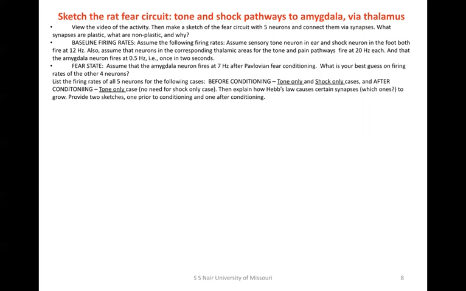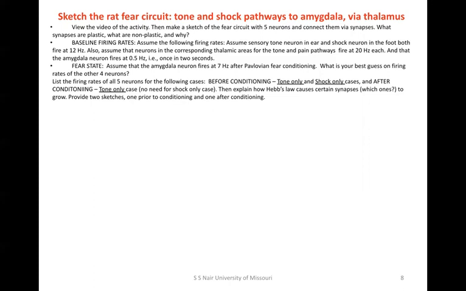So you can take it for granted that if the amygdala neuron is firing at 0.5 hertz, the animal is not fearful and can continue feeding, but if it fires at 7 hertz, the rodent will freeze and will not want to feed even though it is hungry.